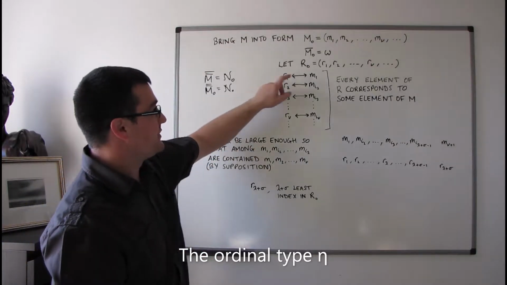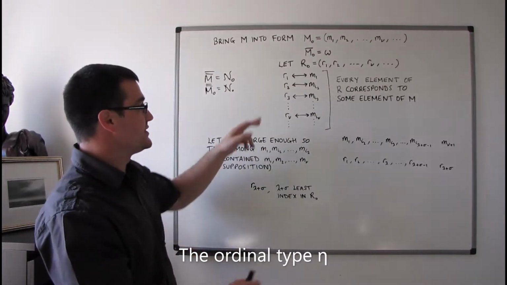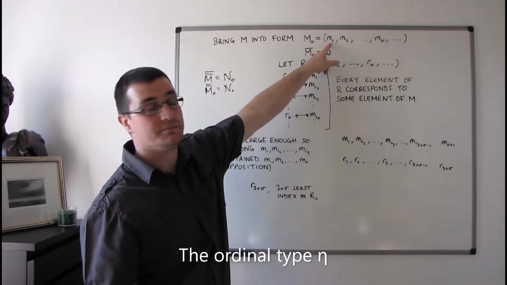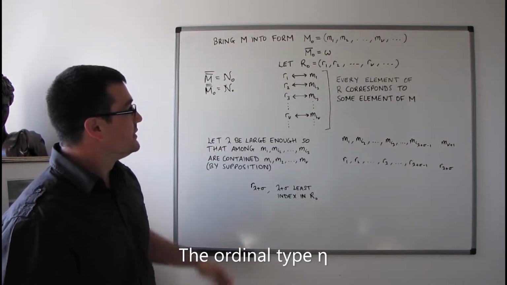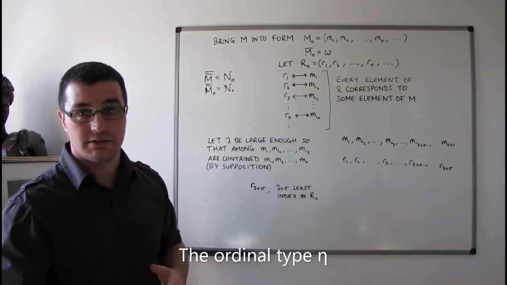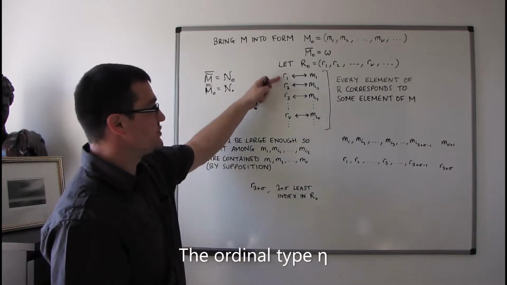Okay, so we start off with R1, and in our correspondence, we just map that to M1 up here. And then we move on to R2. In R, R2 has a particular ordinal position relative to R1.